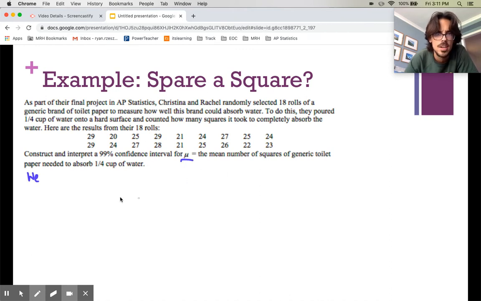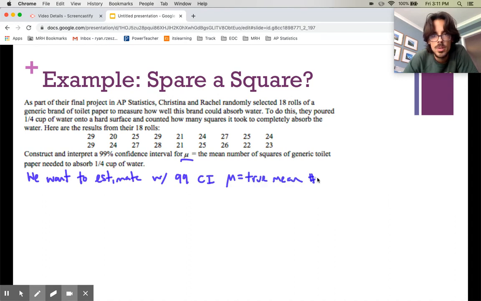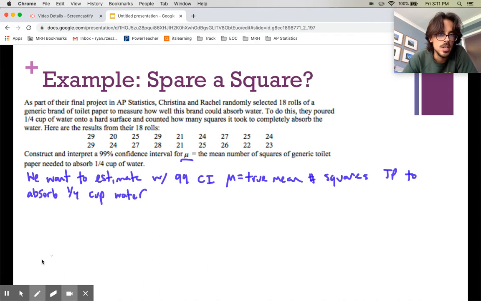I realize that they did it right here, but it's still a good habit to write out. So we want to estimate with a 99% CI, mu equals true mean number of squares of TP to absorb 1/4 cup water.